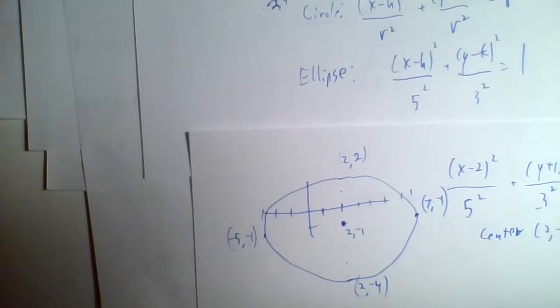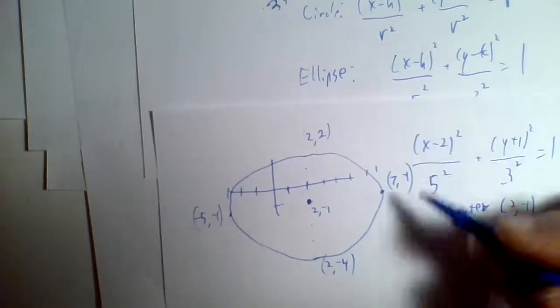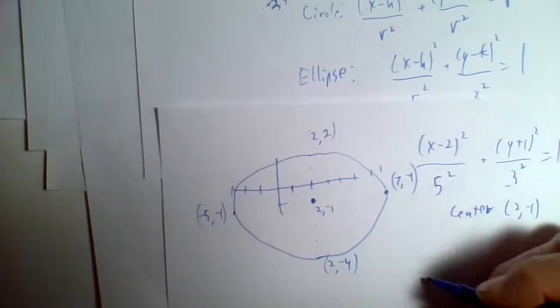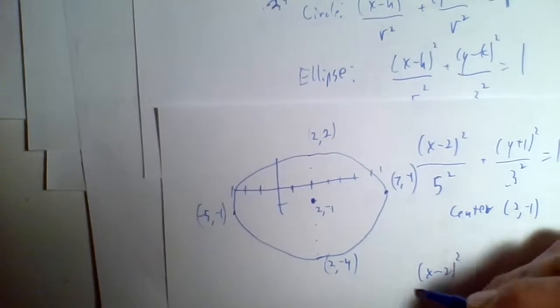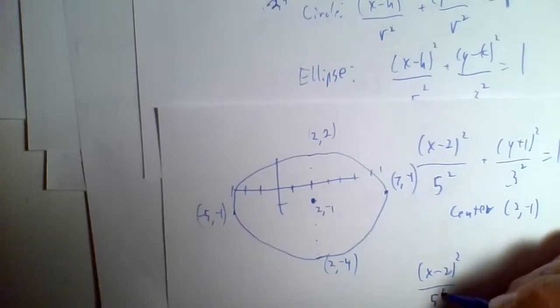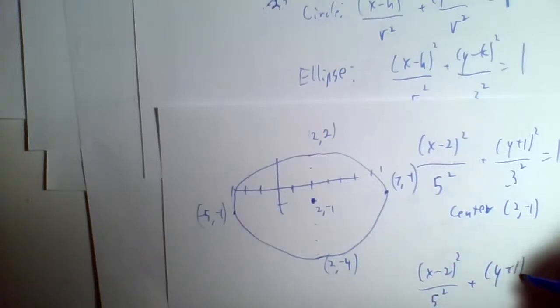Now, the fact is they don't always start off with this form. So let me think this thing through as a sort of polynomial problem and see what the issue is. If these are written out algebraically, we may have to switch back and forth between these forms. So if I was just an algebra student and I'm looking at x minus 2 squared over 5 squared and y plus 1 squared over 3 squared equals 1.